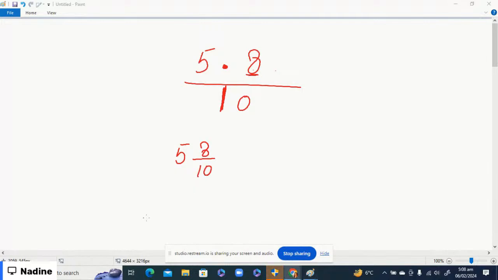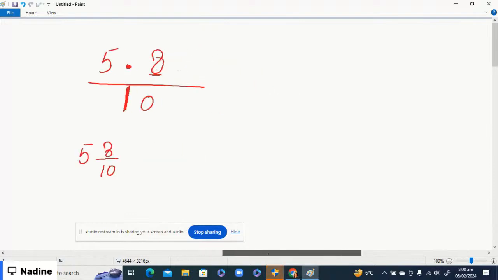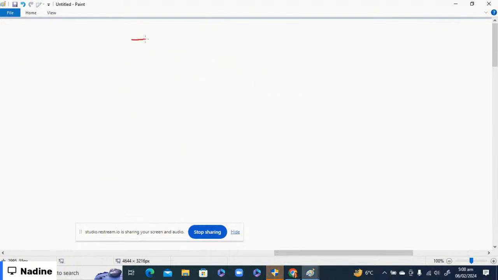Like for example, if I write a question here, 7.3. So what do we do? First of all, this is in the ones place, this is in the tenths place. Ones place stays here. This is the point, and then it's 3. After this point, we put down 1.